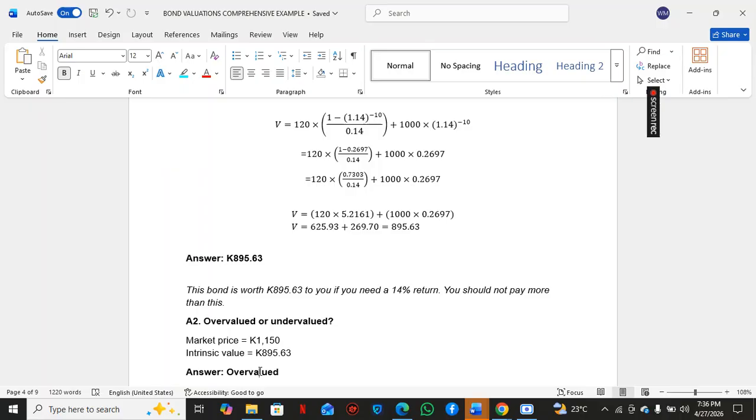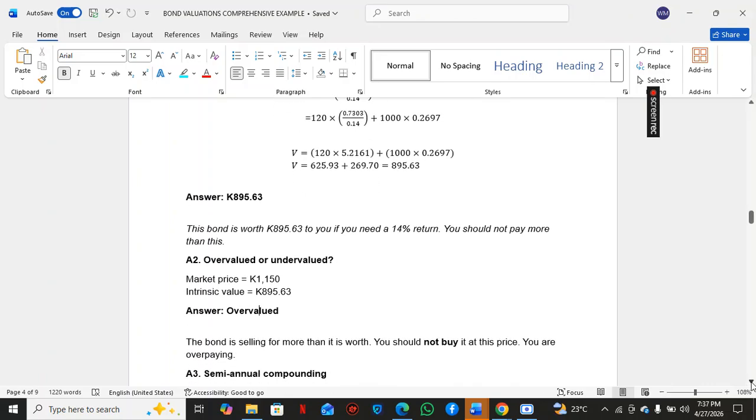Remember, intrinsic value is how much the bond is supposed to go for. This bond is supposed to sell for 895, but it's going for 1,150. So it is overvalued. Okay, colleagues? Any questions?